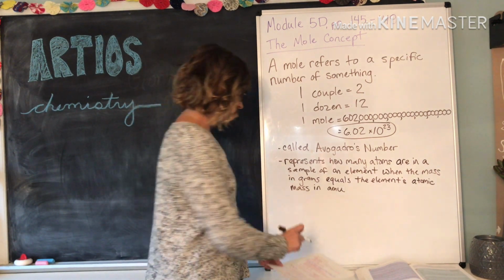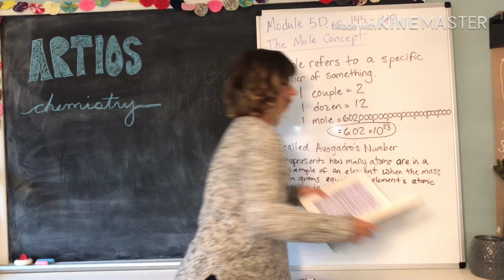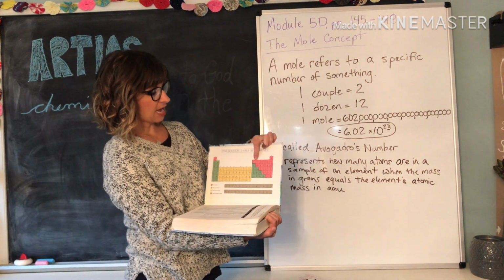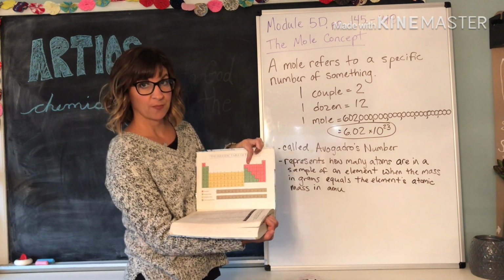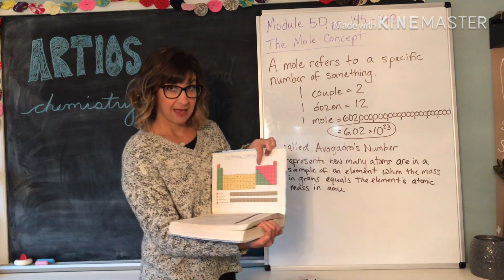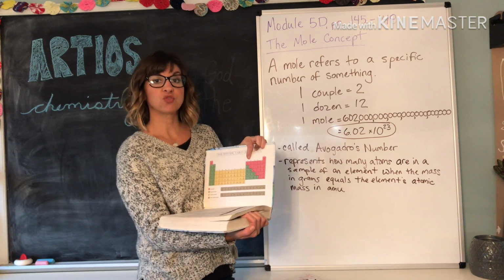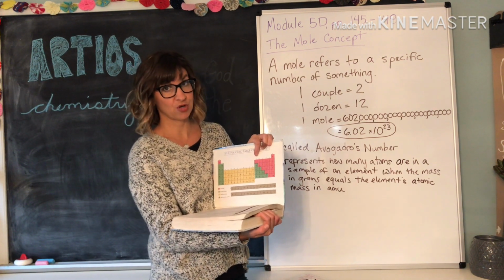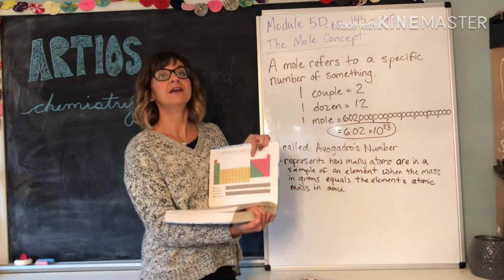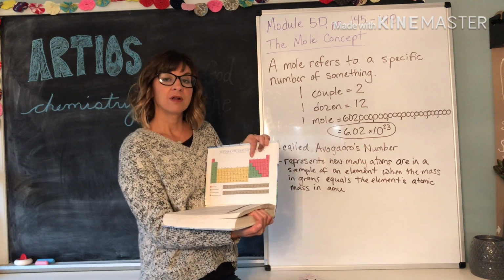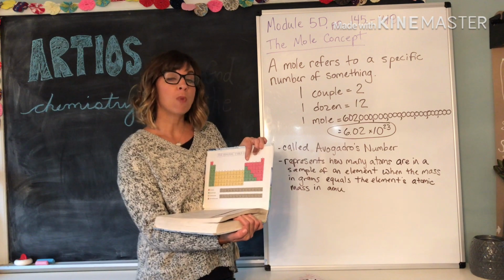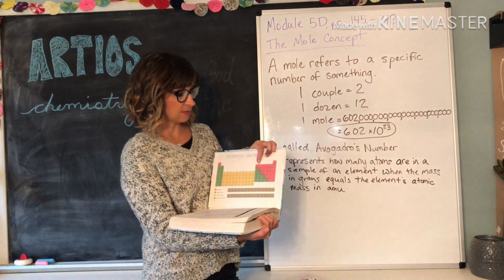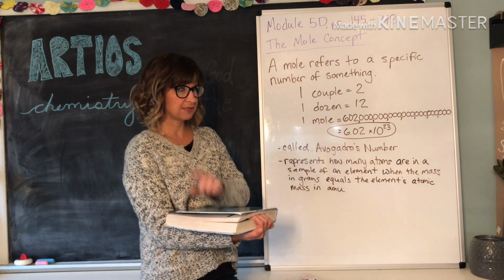Let's take carbon, for example. If we look at the atomic mass for carbon, the atomic mass is 12.0. That means that 1 atom of carbon equals 12.0 AMUs. That's how much it weighs. Remember, an AMU is super duper tiny. Okay? So if we talk about a mole of carbon atoms, a mole of carbon atoms is equal to how many carbon atoms?